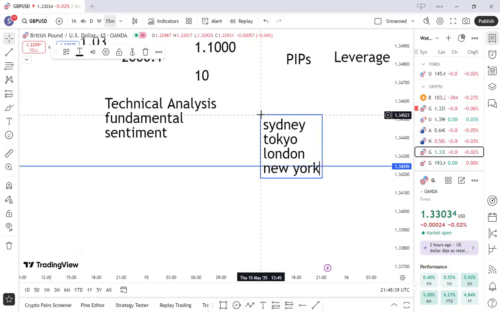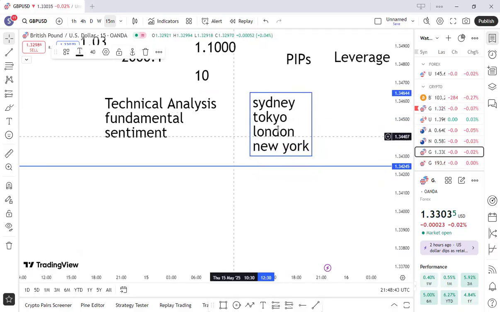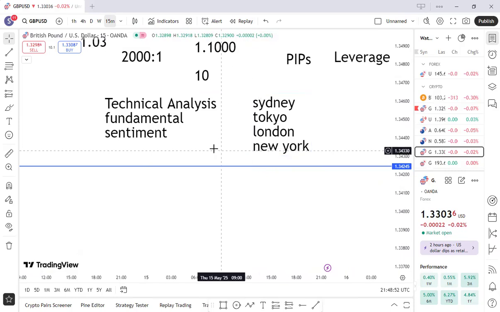So these are the four types of sessions that we have in trading: the Sydney session, the Tokyo session, the London session, and the New York session.